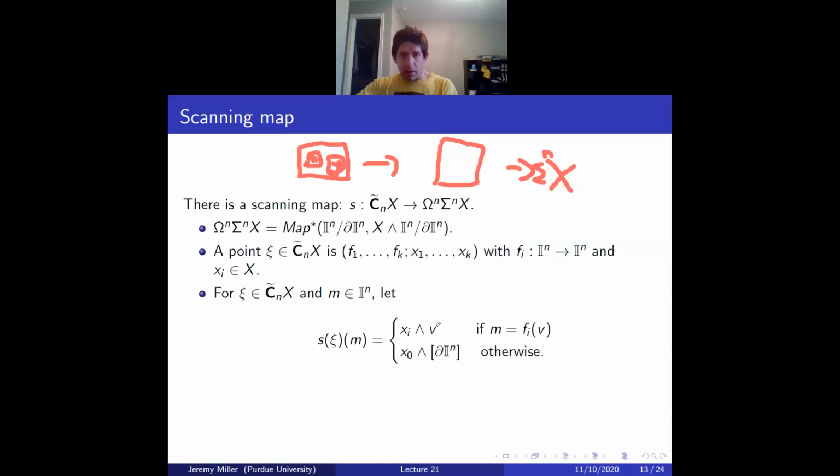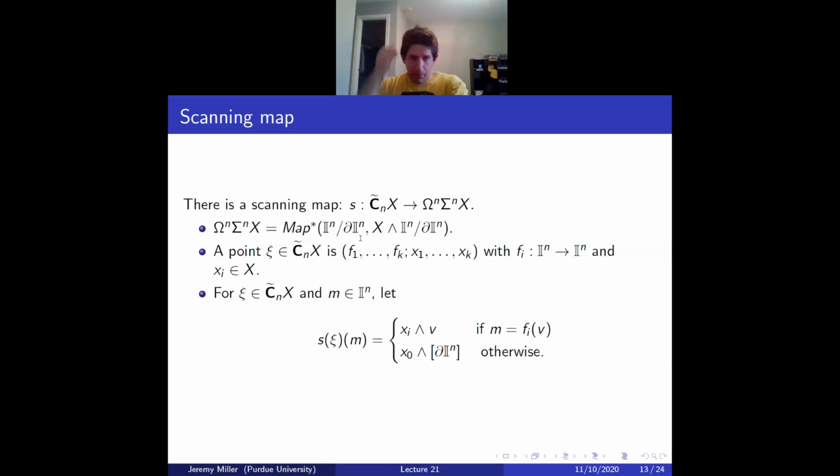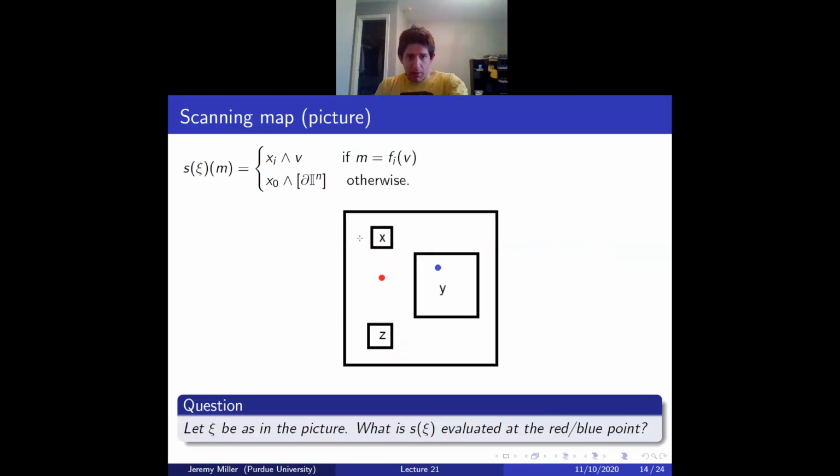So v is a point in a cube, and xi is a point in X, so that's the output we want, and otherwise you just send it to the base point. Okay, I don't think it's possible to understand this just in formulas, so let's think in pictures. So this is the formula.